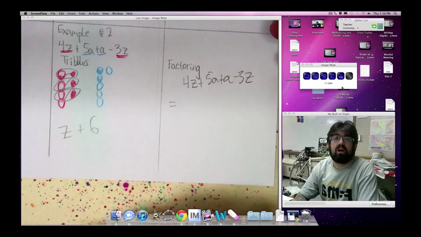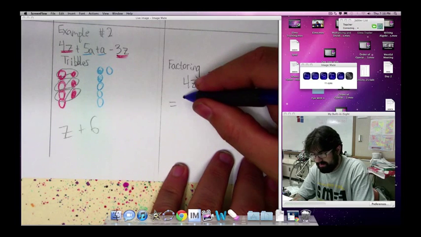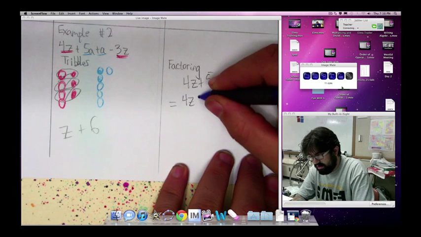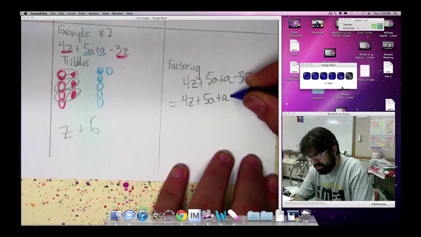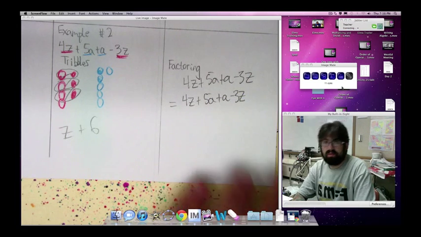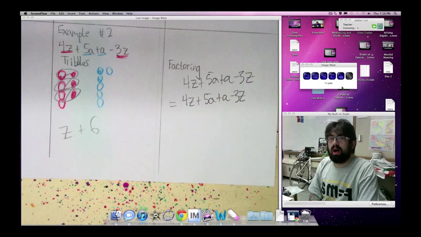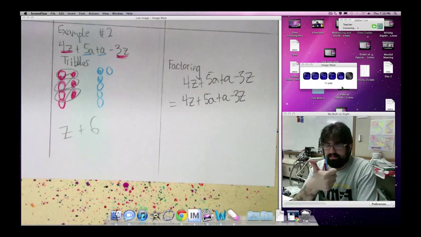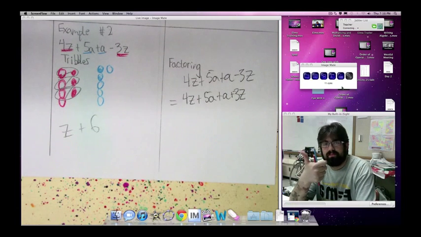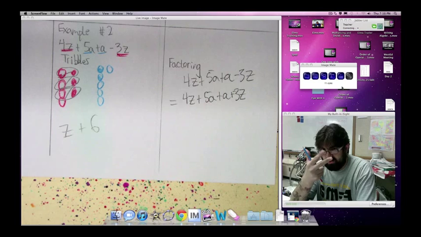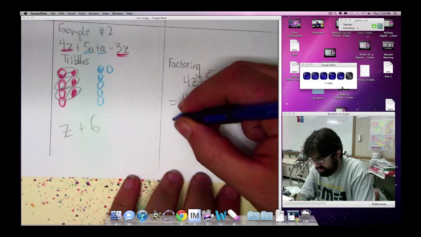I'm going to start by rewriting as step 1. Next step, distribute. Can't distribute. Oh, when I rewrite, by the way, I wanted that negative right there. Can't distribute. I'm going to rearrange. So we're on step 3. We're rearranging.